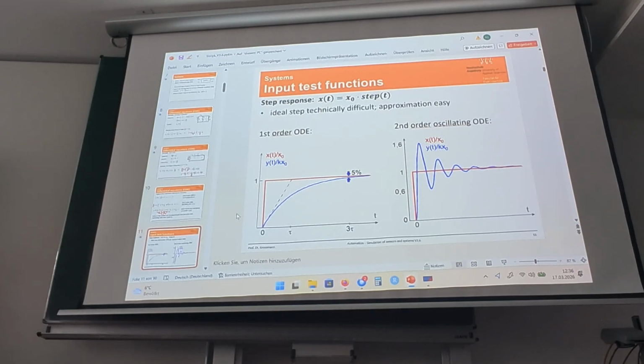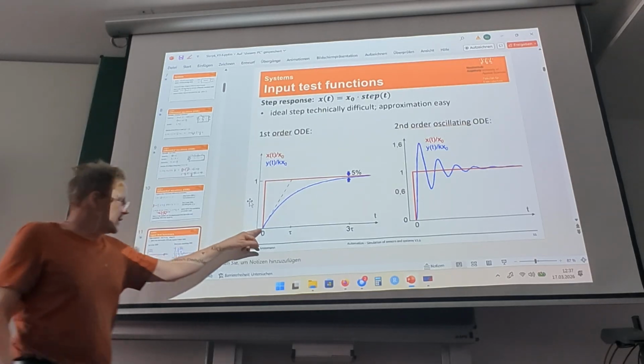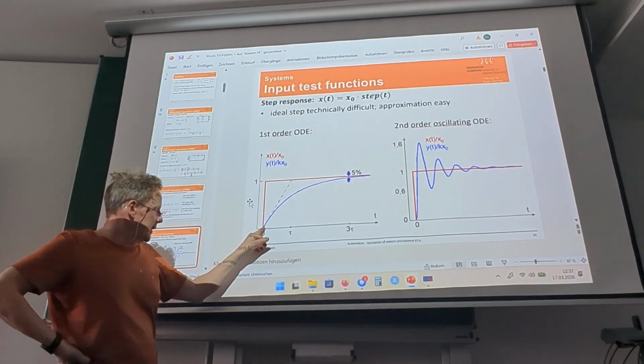So one possibility is that we test it with a step at the input, means the input is changed at once, from one constant value to the next constant value. And we know for a first order differential equation system, the output will follow with a delay. So this is the input in red, the output in blue.